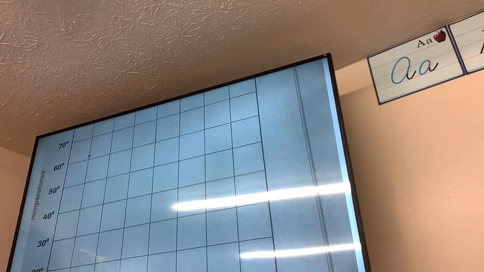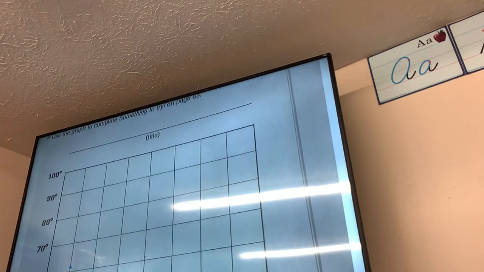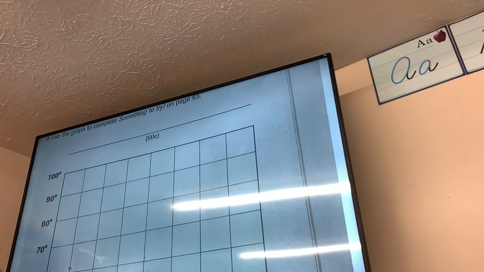All right, the high, we're going to use red. So switch to your red. And the high for today is 78. So 78 is close to what? 80. So we're going to make it be closer to the 80. So put it really high. All right, 78.